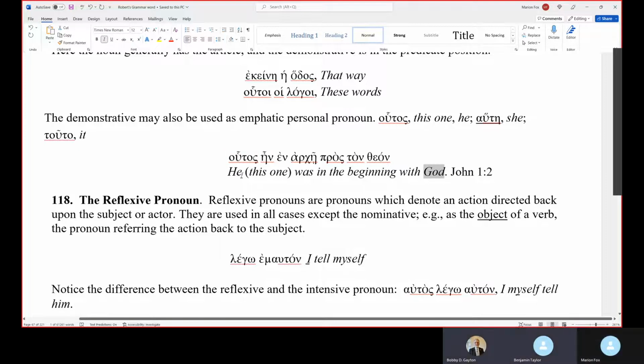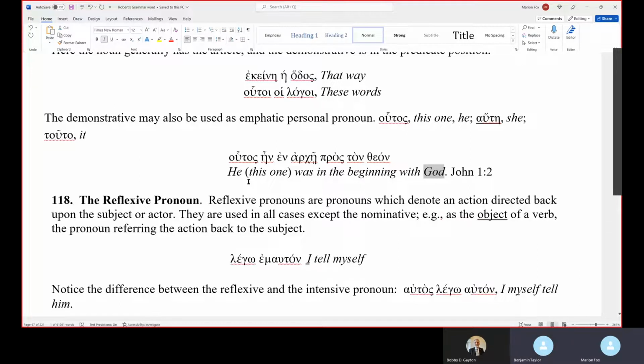And if he had used autos, what would it refer to? The same sentence instead of a previous one? You'd have to go by context, but it still would be probably referring to Jesus, the Word. Yeah. The Word was with God, and the Word was being God.